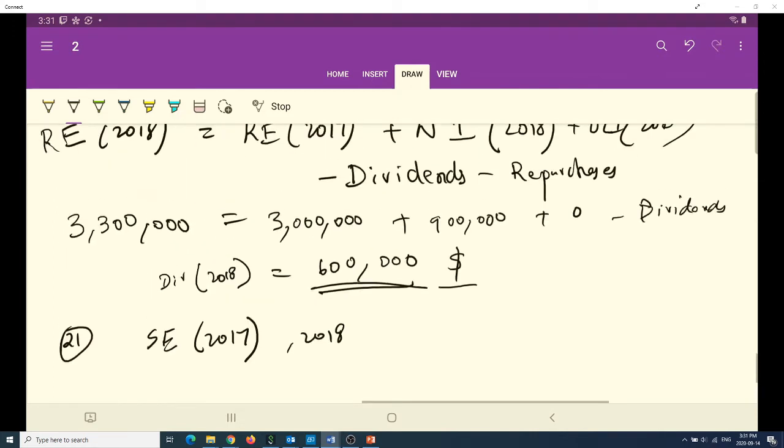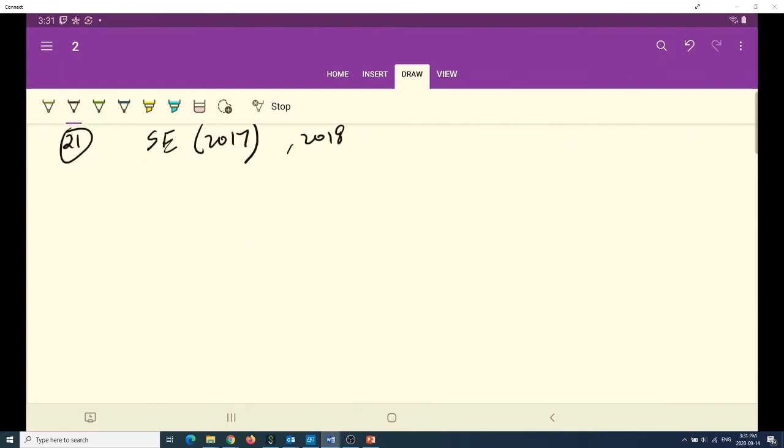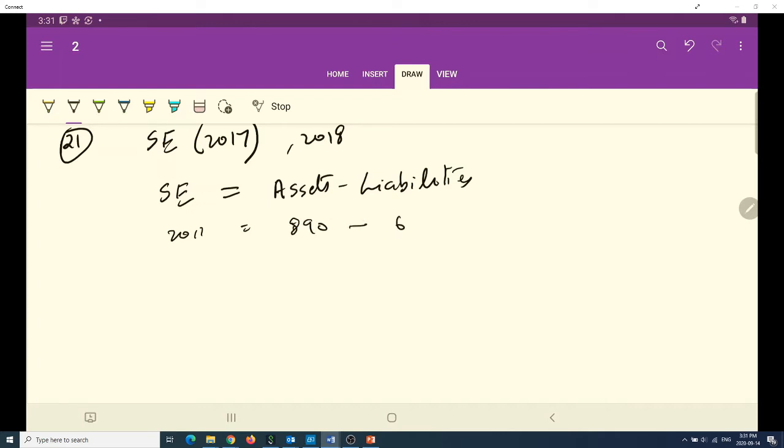Shareholder equity, also assets and liabilities. Okay, so for 2017, that would be current assets plus 890 minus 650. Shareholder equity is 240.